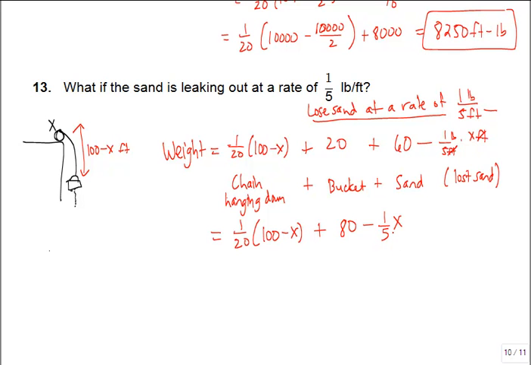You need that x in there because this is again sort of like a linear density in terms of the amount of sand that we lose, so it's dependent on how high we raise it up, which corresponds to how much chain we wind, which is what we're calling our x. So this is now our new weight function.